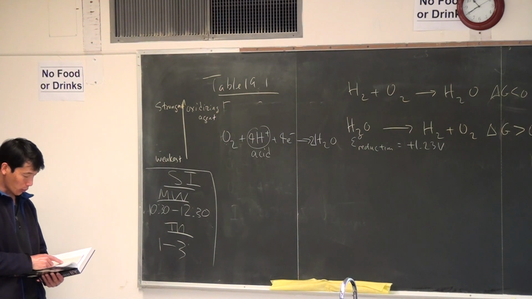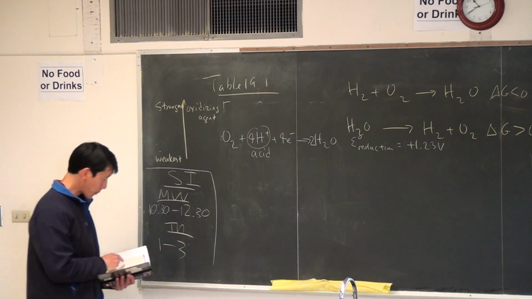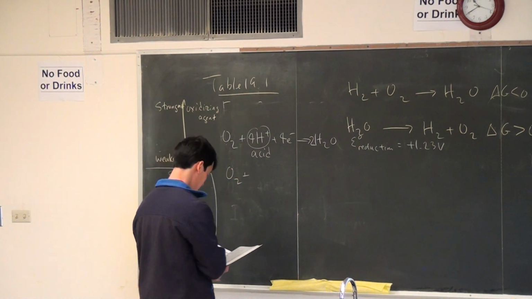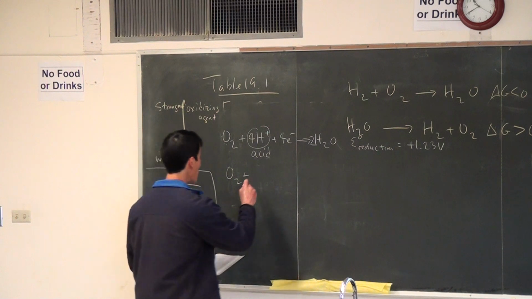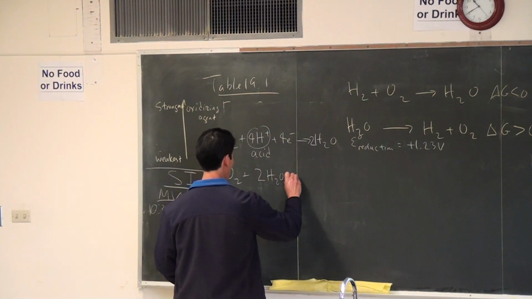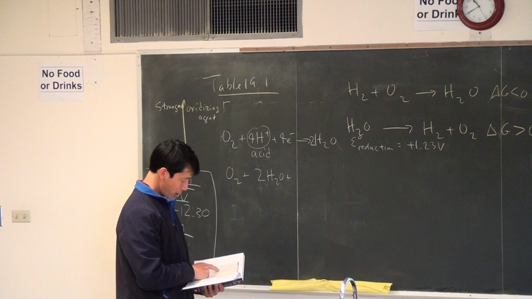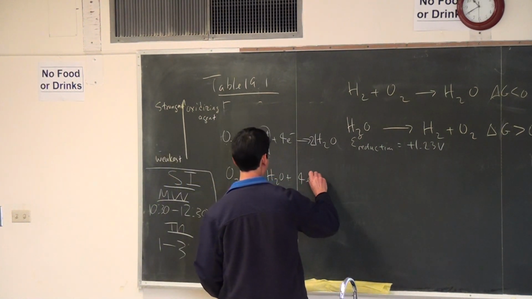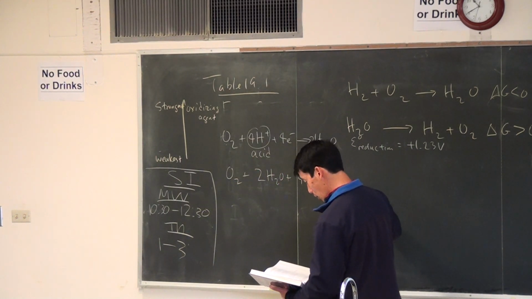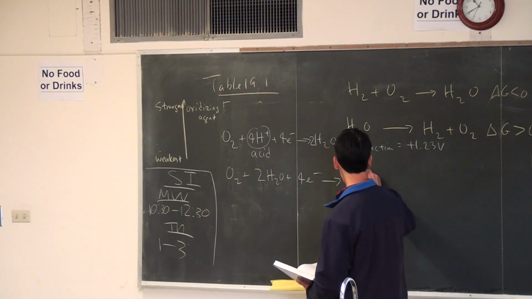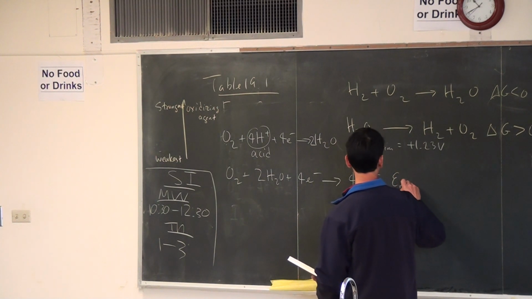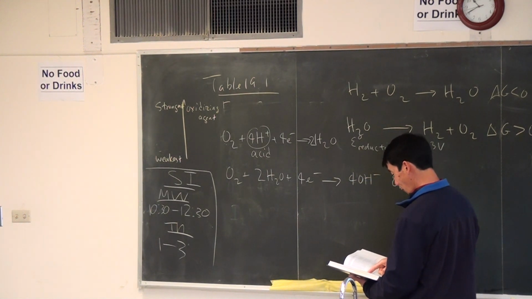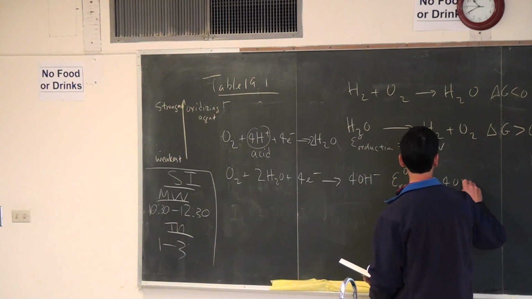There's one at this one. Here's O2 plus 2H2O plus 4 electrons, and that produces hydroxide ion, 4 OH-. Note that in this case the reduction potential is equal to 0.4 volts.